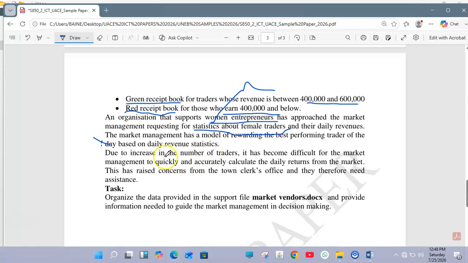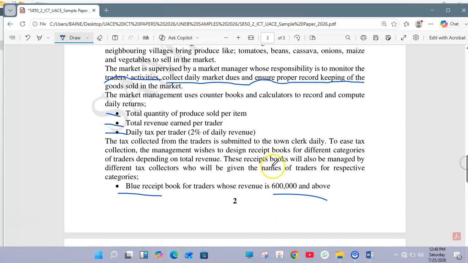Due to the increase in the number of traders, it has become difficult for the market management to quickly and accurately calculate daily returns from the market, which are: the total quantity of produce sold per item, total revenue earned per trader, and the daily tax.